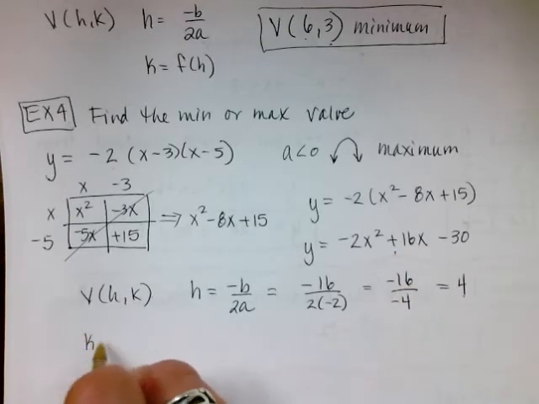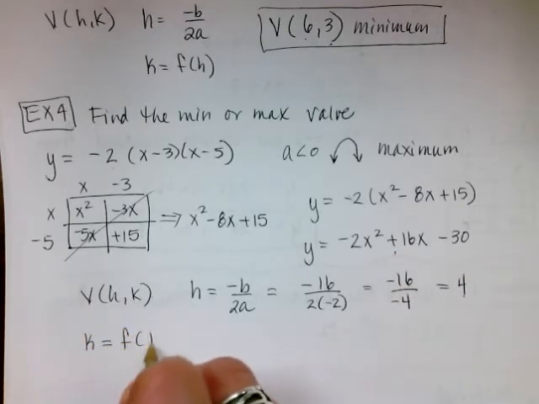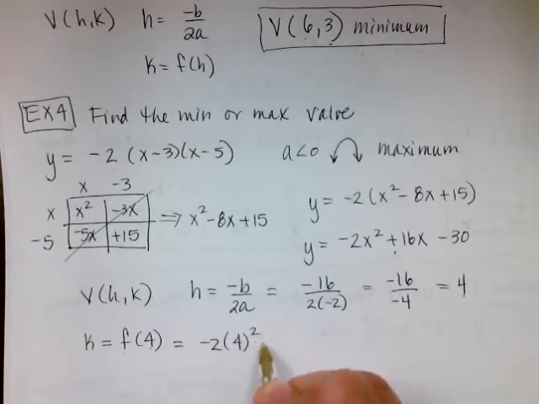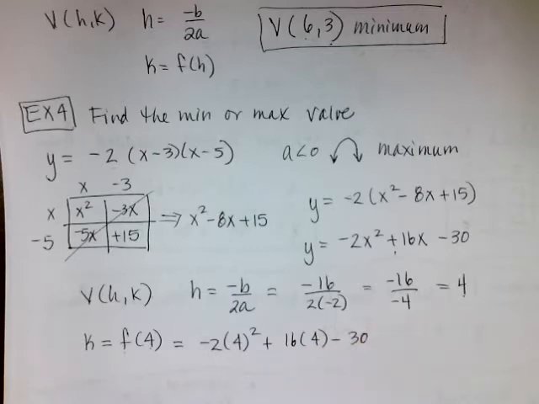So my k is going to equal f of 4, which means I'm going to substitute the 4 into the original function, and I'm going to get negative 2 times 4 squared plus 16 times 4 minus 30.